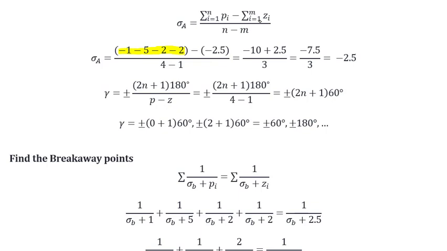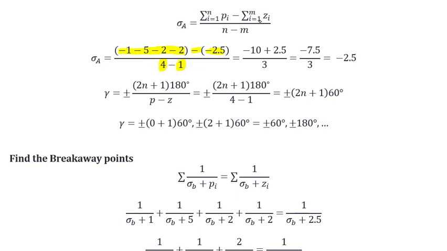That's the imaginary poles, and when we're finding asymptotes, we only use the real part of the imaginary poles. So both of them are -2 plus or minus something j. So those are both included there, and then minus the 0 at negative 2.5, then over the number of poles minus the number of zeros, which is 3.